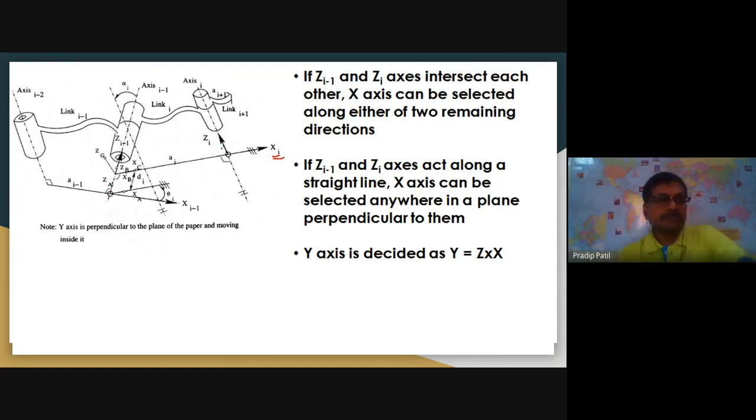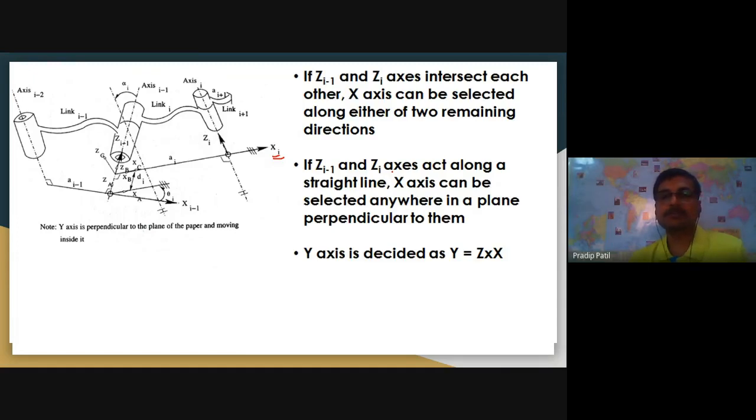So one is like this and one is like this, and obviously they will not intersect. So in that case, we can consider the x-axis in either direction, either over here or in the other direction.